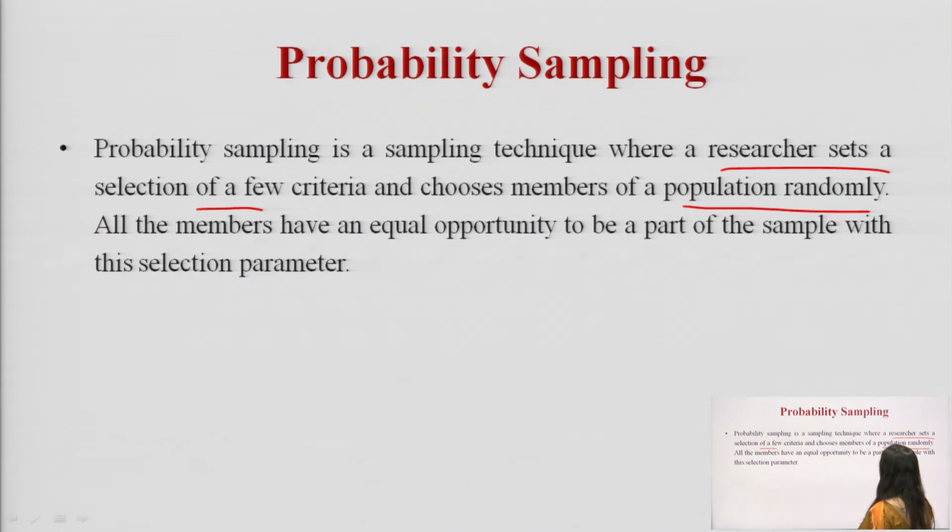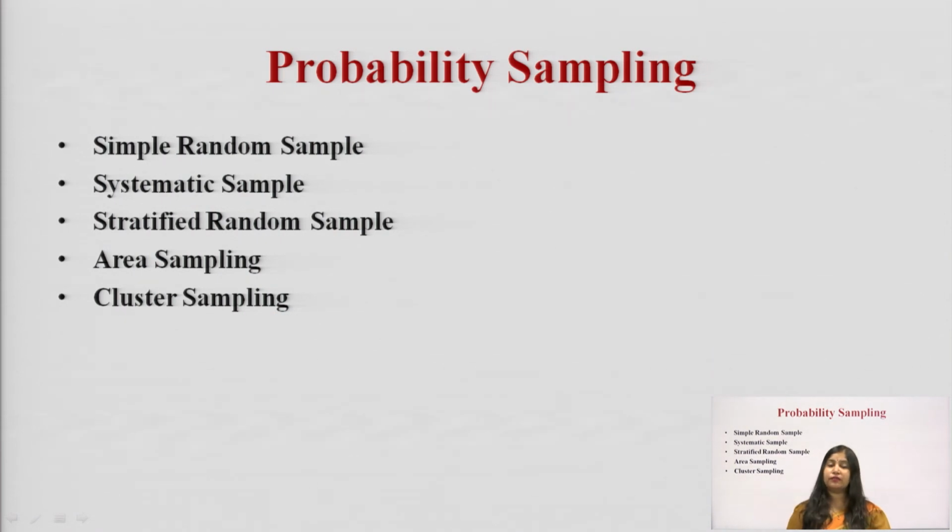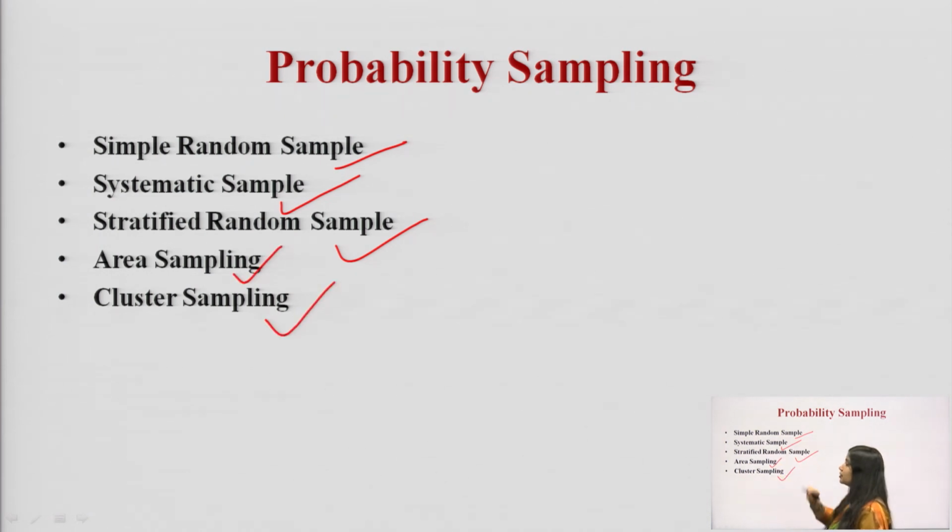In this type of study, all members of the population have an equal opportunity to be part of the sample, meaning every single member of the population has an equal chance to become part of your research. There are a few types of probability sampling. First is simple random sampling, second is systematic sampling, third is stratified random sampling, fourth is area sampling, and last is cluster sampling.